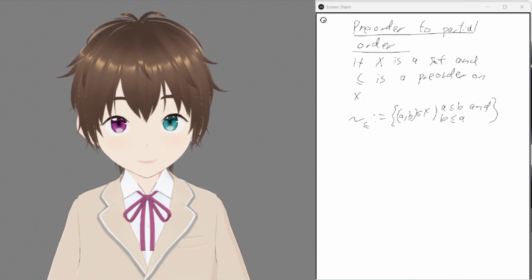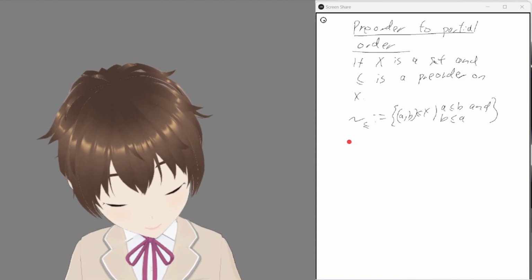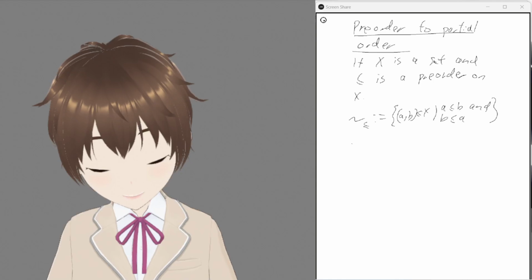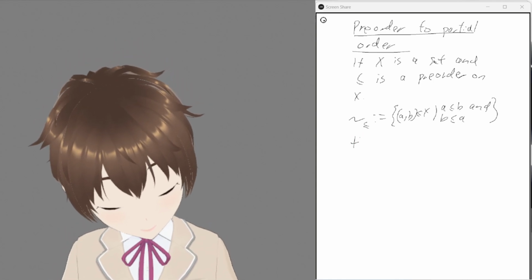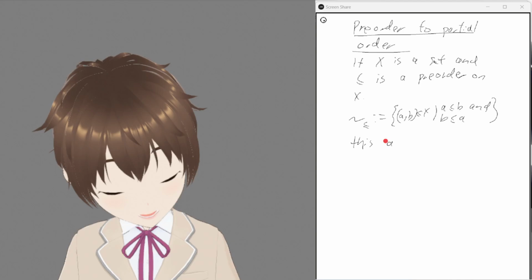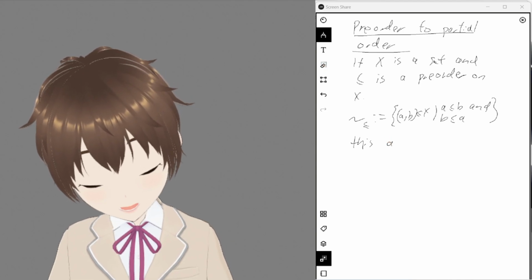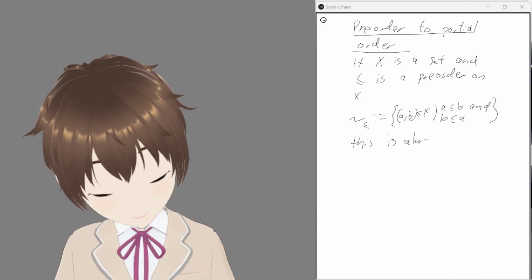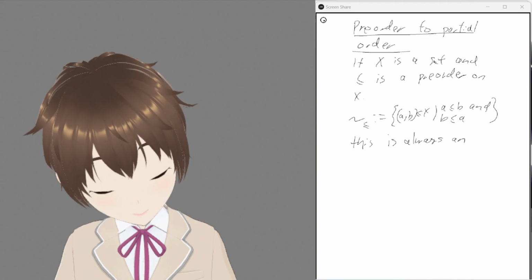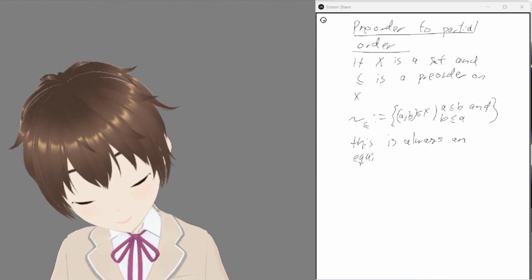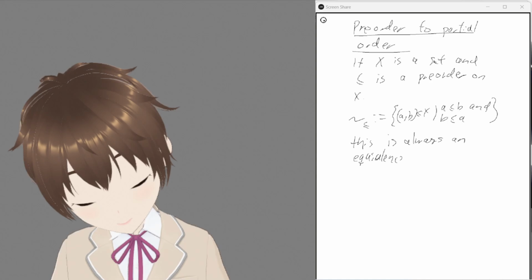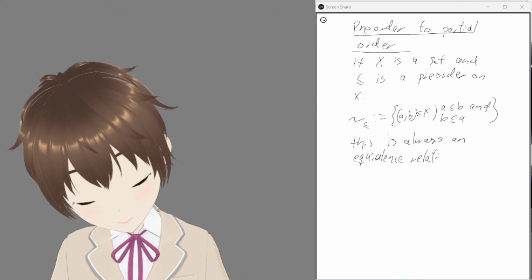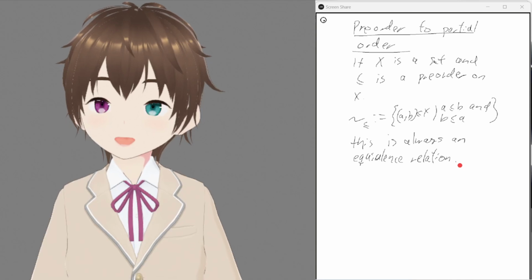Okay, so this is an equivalence relation. We can take its equivalence classes. So this is always an equivalence relation, which we can get from a preorder. And I want to get a partial order out of this.